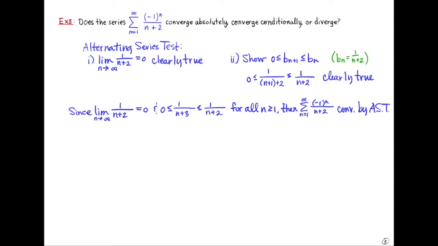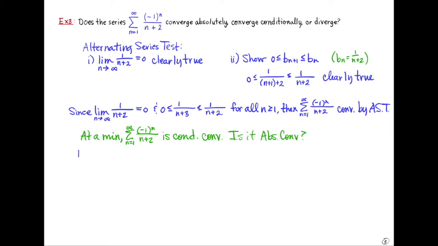What this means so far is that we know at the very least the alternating series is conditionally convergent. But to determine if it's absolutely convergent, we need to keep going and look at the series 1 over n plus 2 and determine whether that converges or diverges.